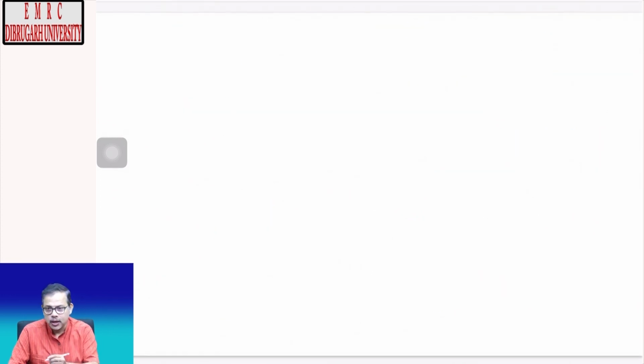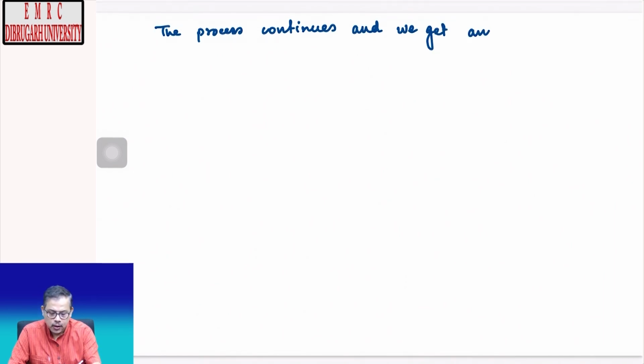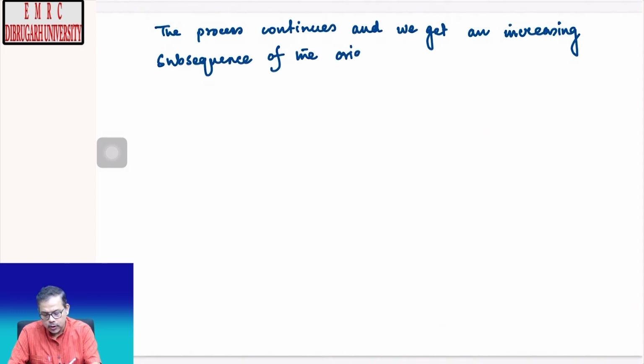The process continues, and we get an increasing subsequence of the original sequence.